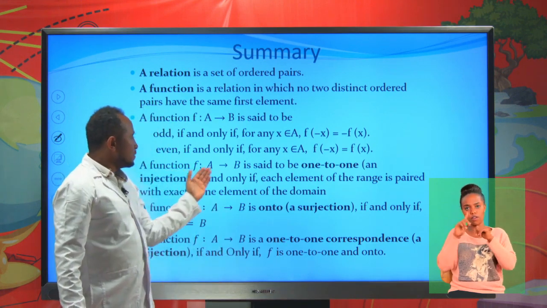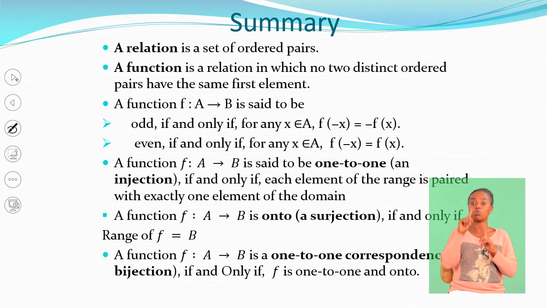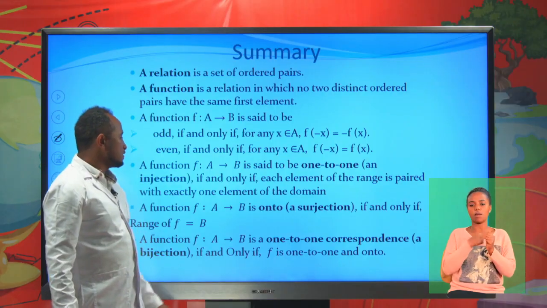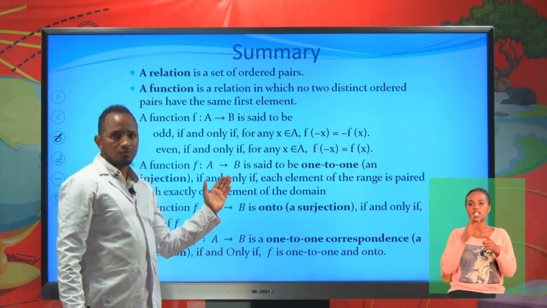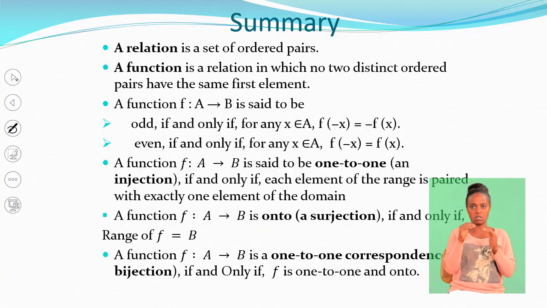And the function from A to B is said to be one-to-one, or an injection, if and only if each element of the range is paired with exactly one element of the domain, or if it satisfies f of x1 equals f of x2 implies x1 equals x2. In that case, we say the function is one-to-one.